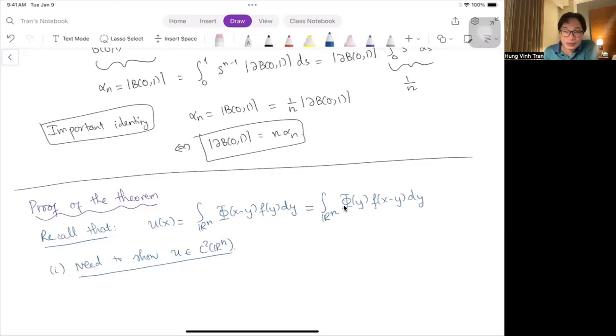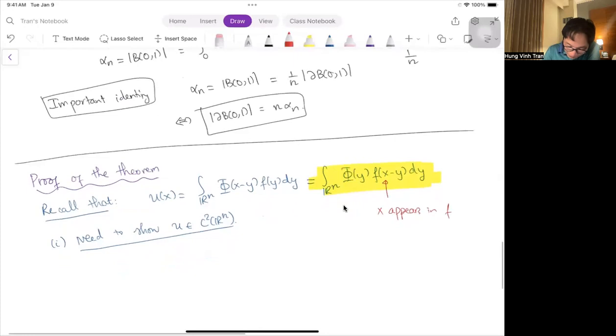I would try not to touch phi there. I'm now using the second formula. Why is the second formula better? Because x appears in f, and f is given as C2, which is nice. So naturally, I'm using the second formula and differentiating it.